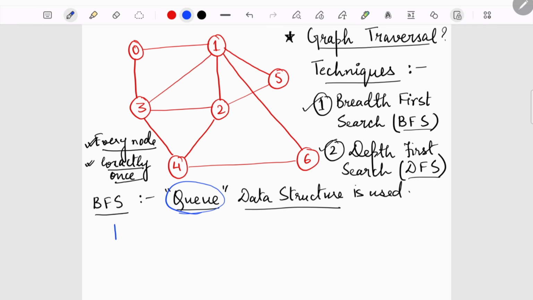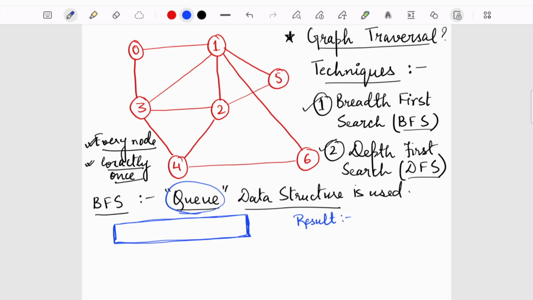Say for example, this is my queue that I am going to use to find out the breadth first search traversal of the given graph. And then there is a result section where you are basically going to print the traversal order.